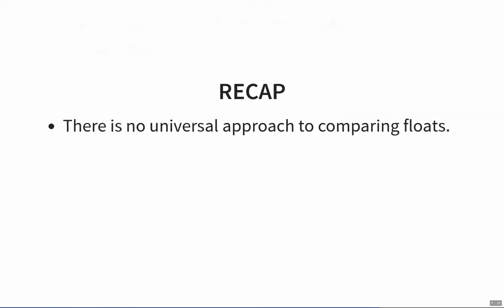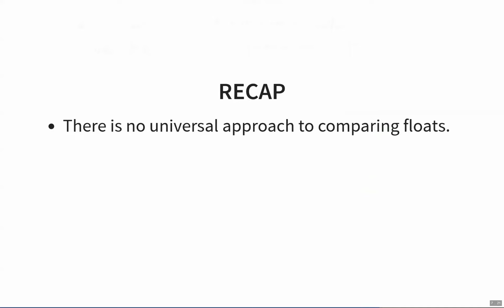So to recap, there is no one rule to compare floats. A lot of people will tell you, just use epsilon of the bigger number and compare this. No, it will break if you use small numbers. If someone tells you, are they close enough? It breaks for big numbers. So you have to understand how to compare floats.